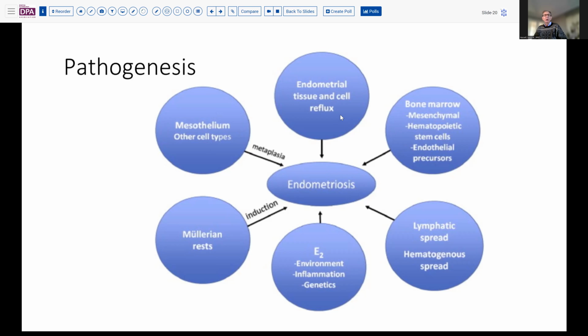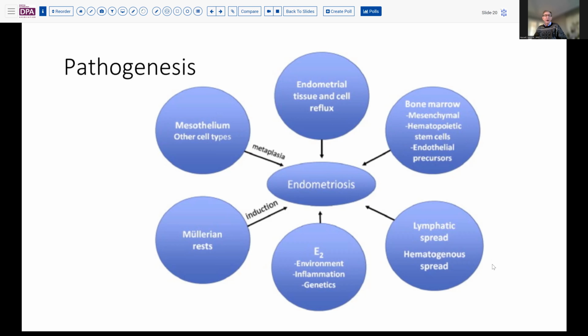Likewise, we see endometriosis occasionally occurring following cesarean section or laparoscopic surgery, where the endometrial type tissue gets mechanically deposited in association with that. Other theories that have been advanced include the development from hematopoietic stem cells or other precursors.